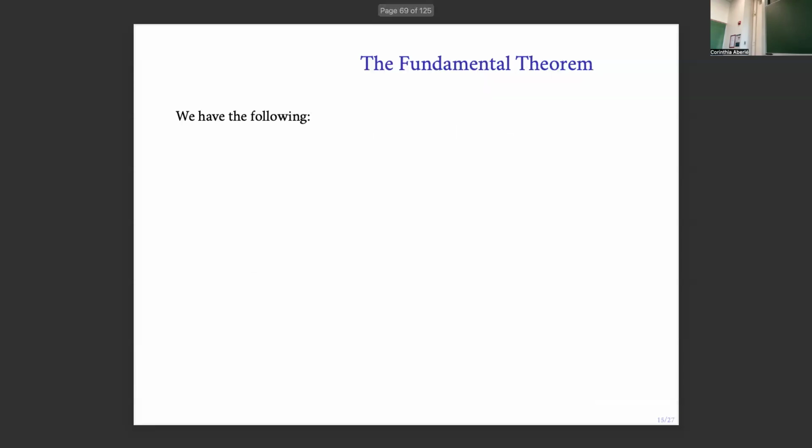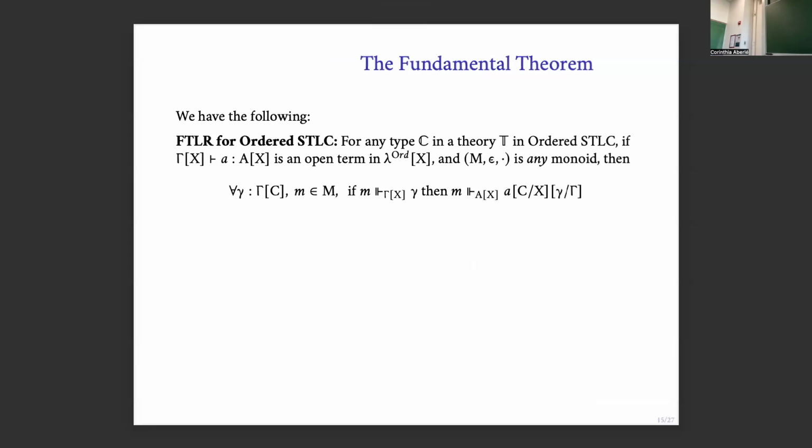So then, once again, we get these fundamental theorems, both for ordered and linear simply typed lambda calculus, which look very similar to what we had before. For any open term like this, and if we're in ordered STLC, any monoid, then for all substitutions into the context of this term, if M is related to that substitution, then it's related to the result of applying that substitution.